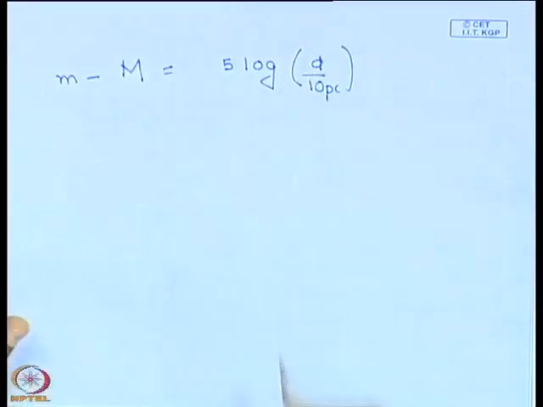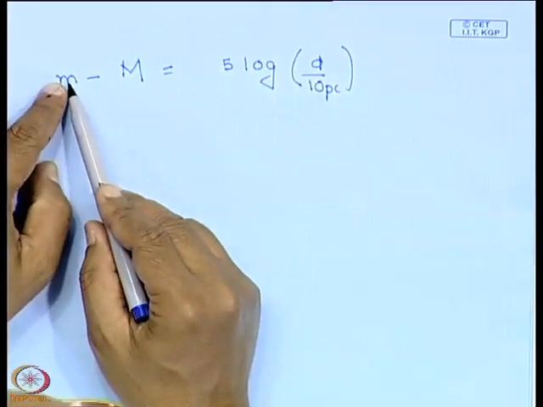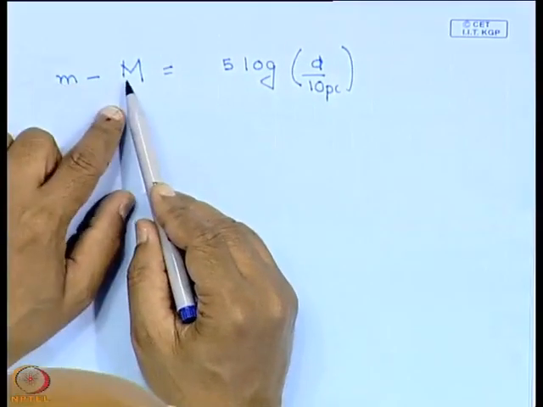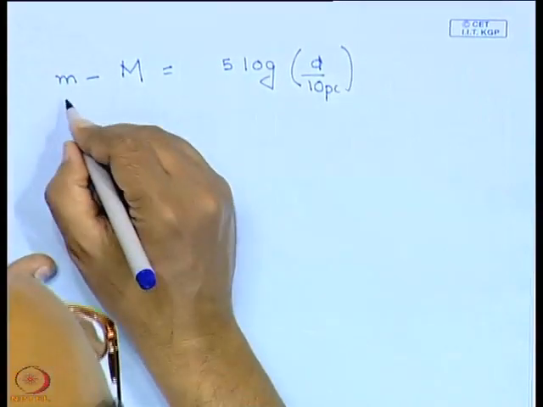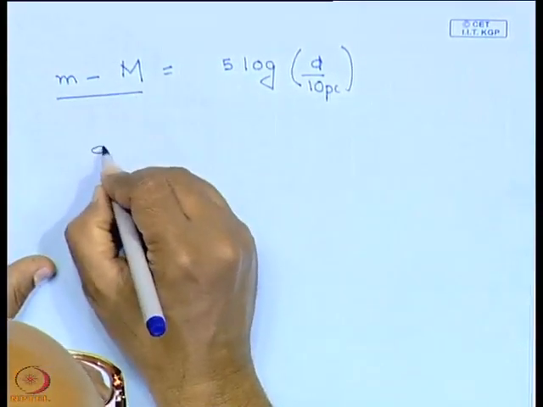So this distance should be in parsecs, d. So if I can measure the apparent magnitude of an object, and if I know its absolute magnitude, this gives an estimate of the distance to that object. This number is called the distance modulus.